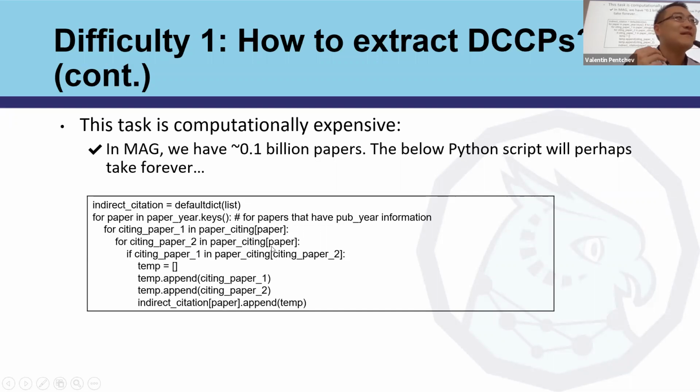This is to examine whether a specific indirect citation really exists in our MAG dataset. And if we find such a relationship, we append this new list into this defaultdict. So this is quite simple. However, it will take forever. This is the first difficulty, to extract DCCP.